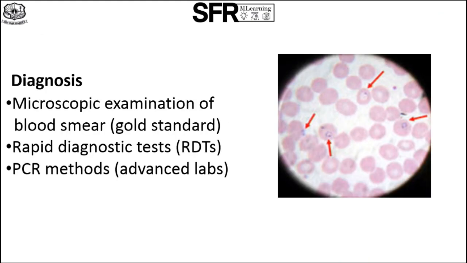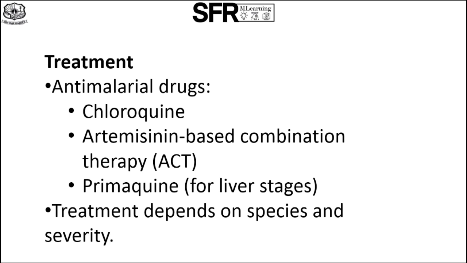Clinical symptoms. The common symptoms of malaria include periodic fever with chills and sweating, headache, nausea, vomiting, fatigue and anemia. Patients may also develop an enlarged spleen due to the destruction of red blood cells.